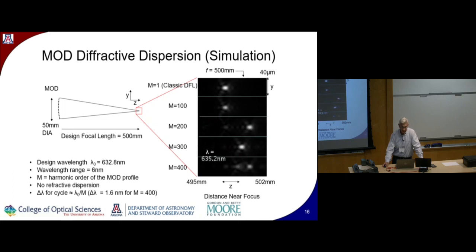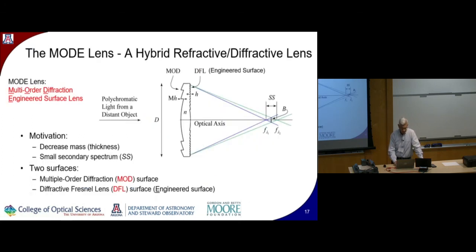As I increase the M number, something very interesting happens. Instead of acting like a diffractive Fresnel lens, the focal dispersion range decreases as the M number increases. So that gives us a system that's very close to a refractive lens, but in a much lighter and thinner geometry.